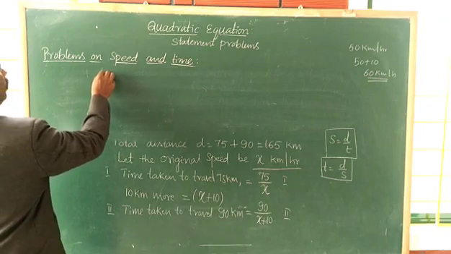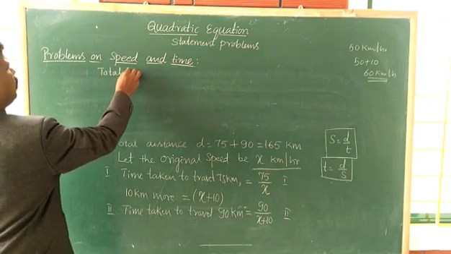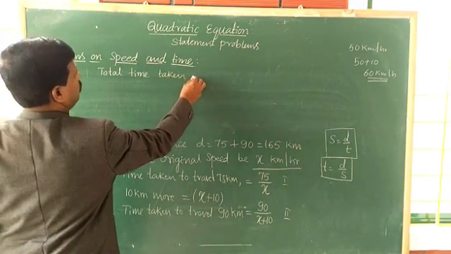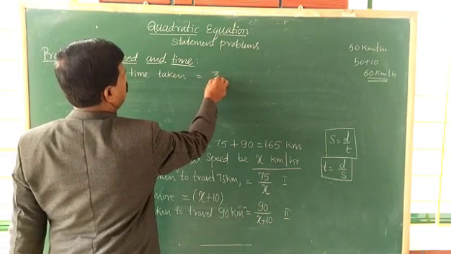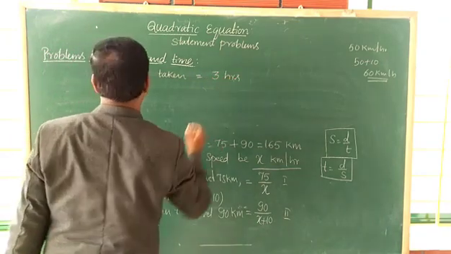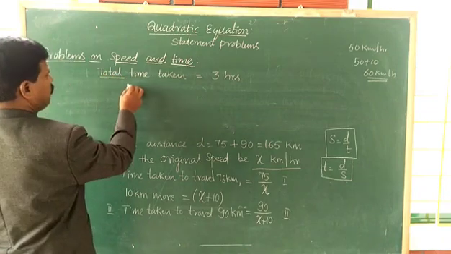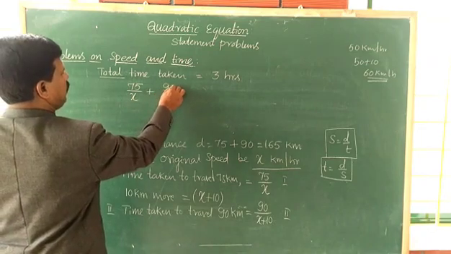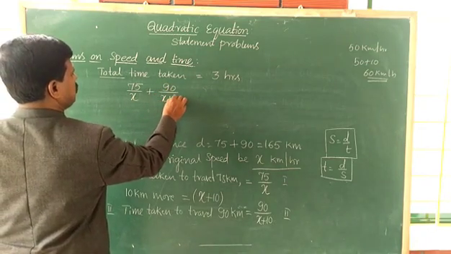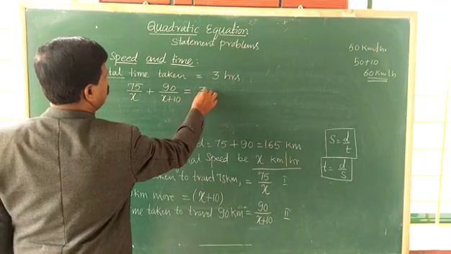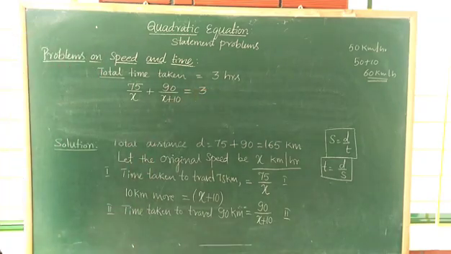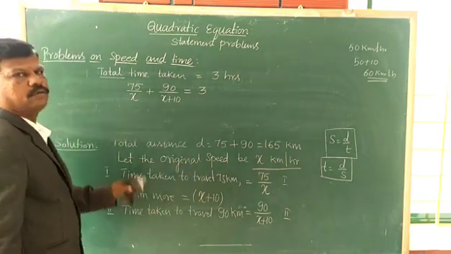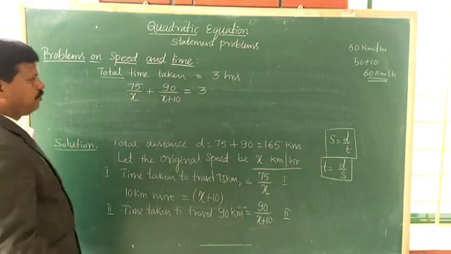Total time taken is equal to 3 hours. Now total time means the first one, 75 by x, plus 90 by x plus 10, is equal to 3. Clear? This is the way to convert the statement word problem into equation form.